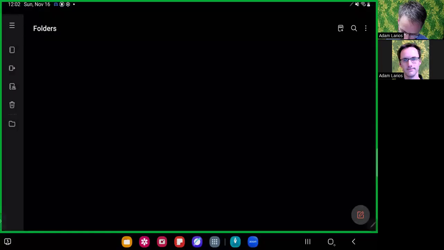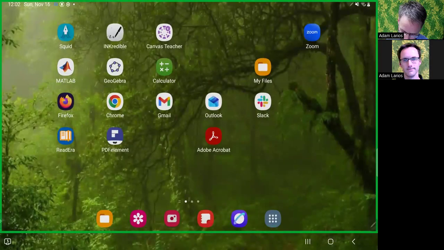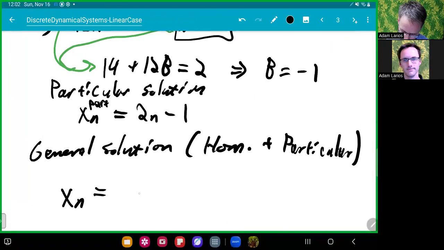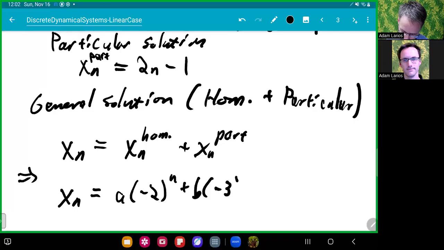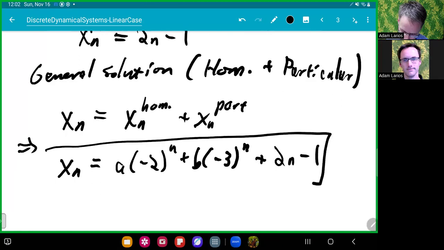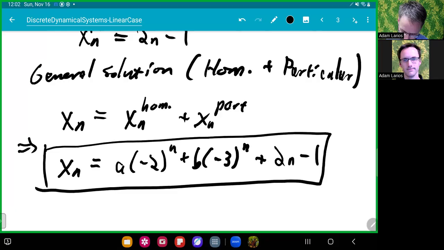So x_n will be x_n homogeneous plus x_n part. So before we got a times (-2)^n plus b times (-3)^n. That's the homogeneous part. And then the particular part looks like that, to solve the full equation.